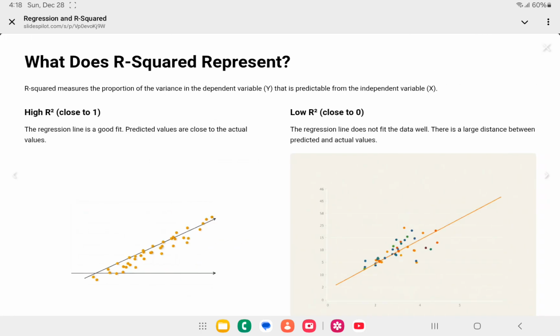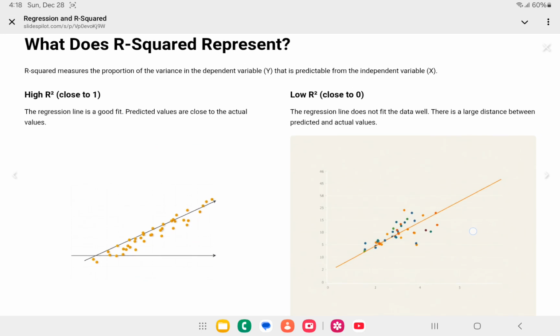Consider this scatter plot. Each blue dot represents an actual value, and from this data we can make a regression line. Now any point that falls on the regression line corresponds to a predicted value. So in general, an R-squared that is close to 1 tells us that the predicted values and the actual values are close together.